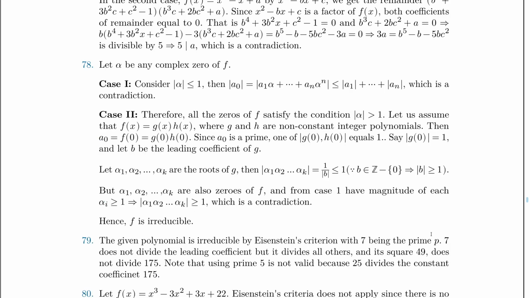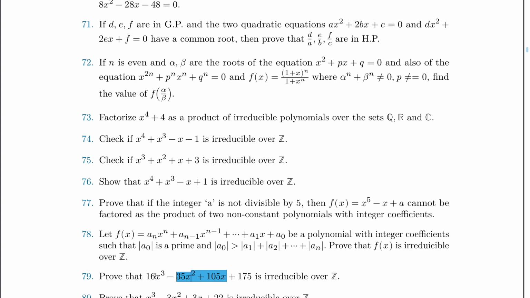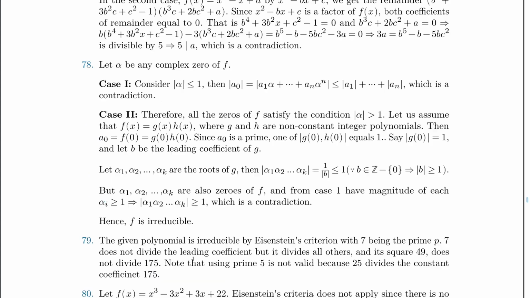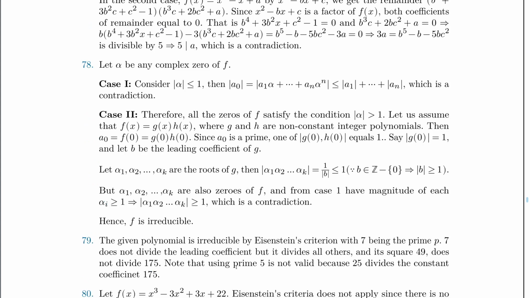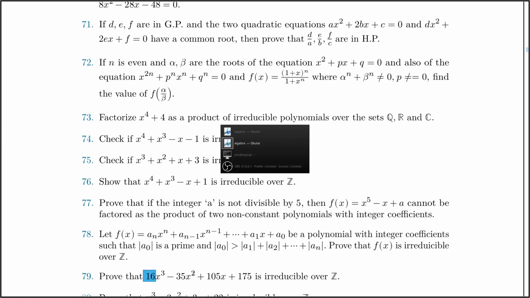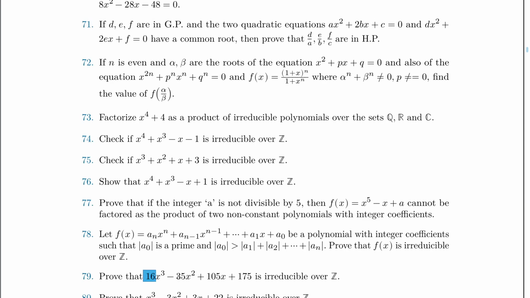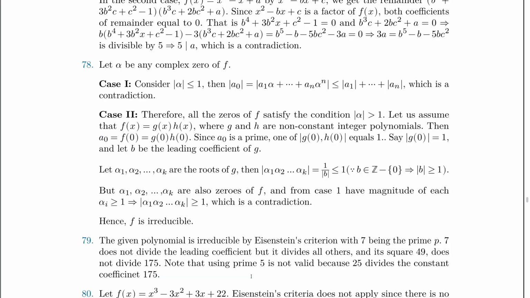So our p is 7, and 7 does not divide the leading coefficient 16, and therefore from Eisenstein's criteria, it is irreducible. The other possibility of picking a prime is 5. But in this case, the problem is 5 square will divide 175. So it will not work.